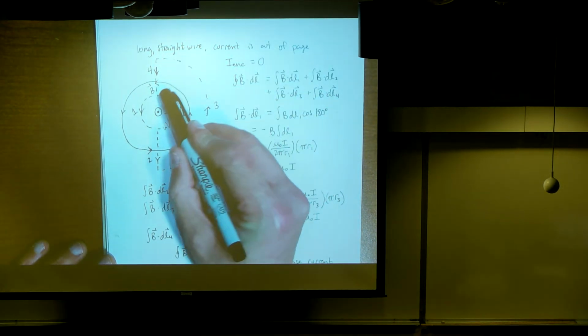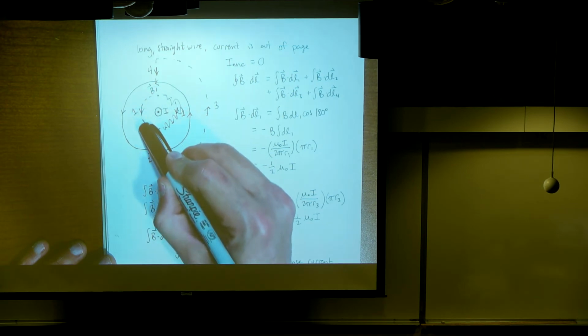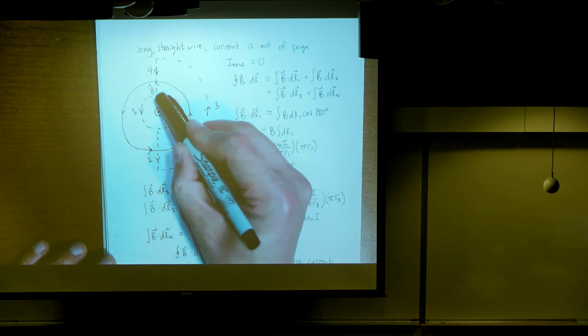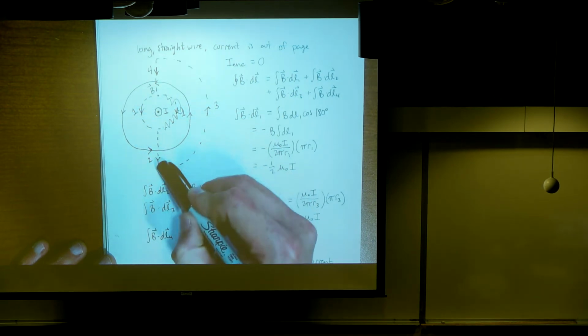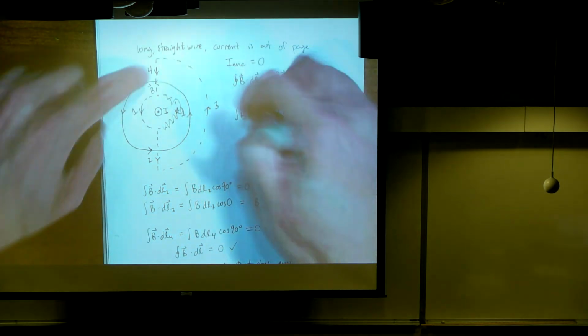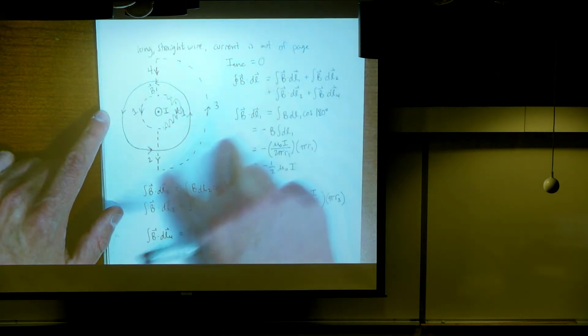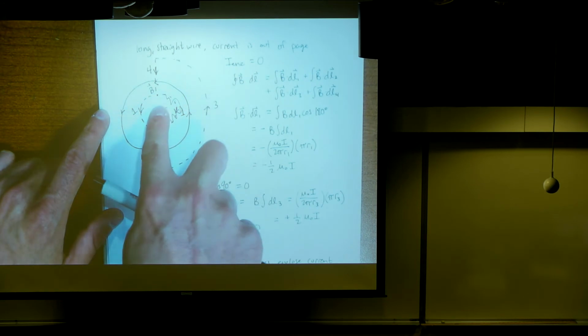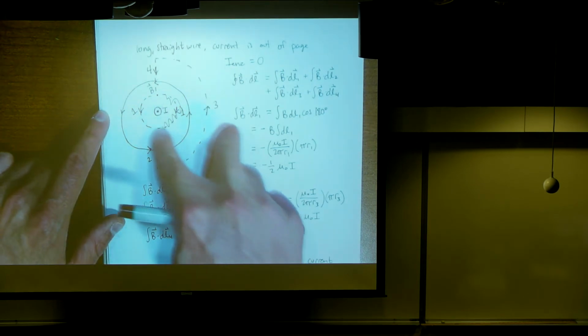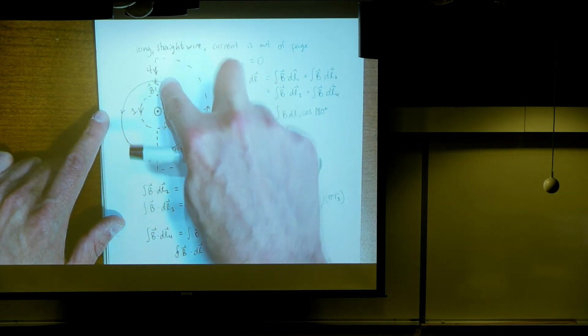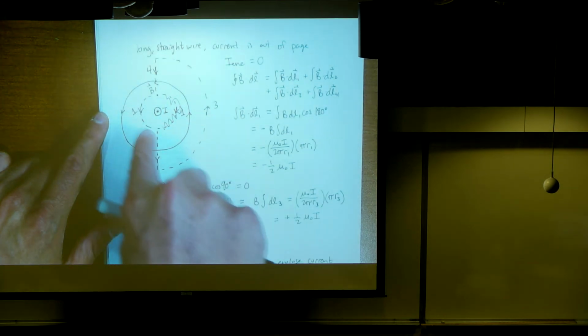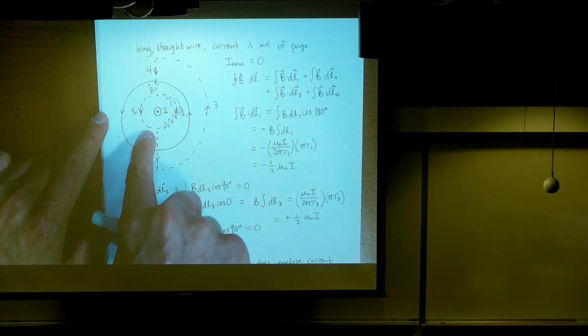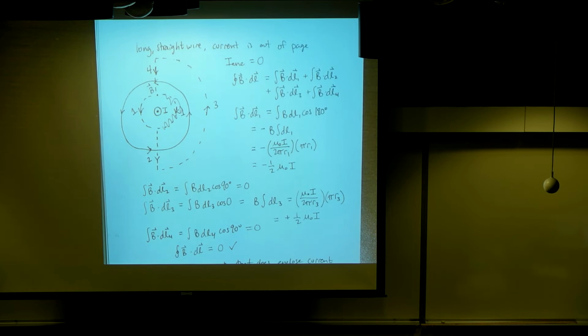Now what we're saying is, we're going this way first. See, path number 1 is now going this way, down, around like this. So we are enclosing the current in the second case, okay? In the first case, we avoided enclosing it. In the second case, we were enclosing it, okay? You see that?